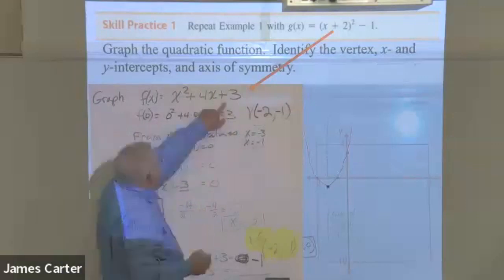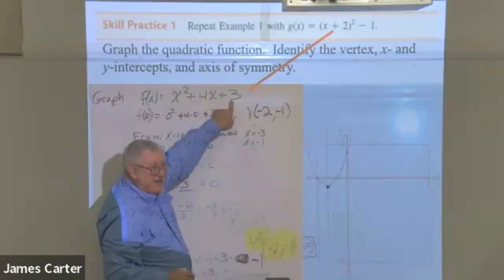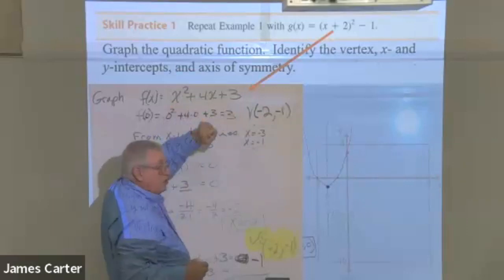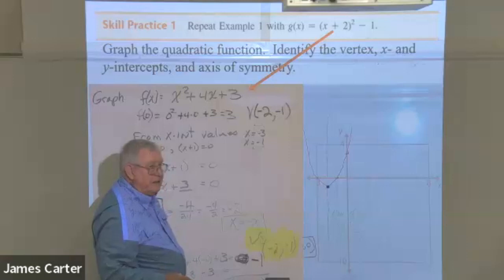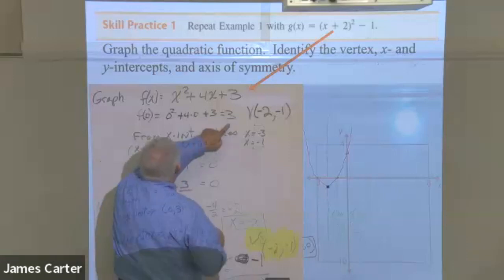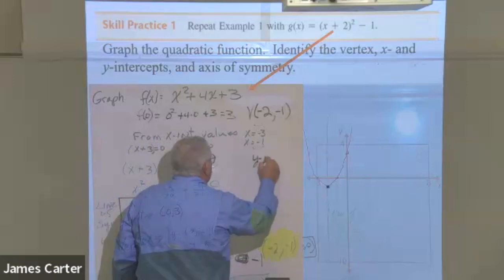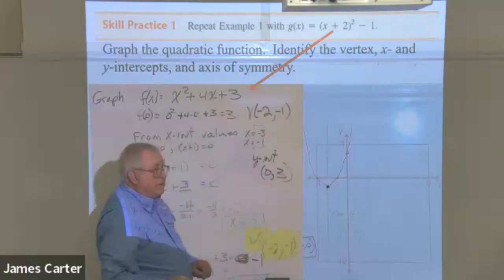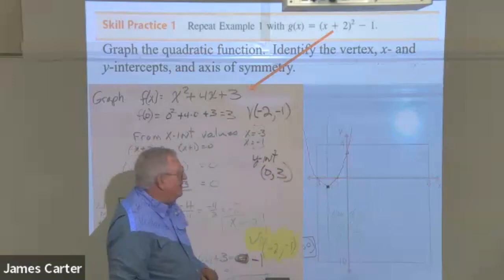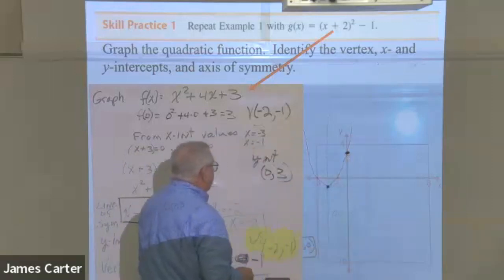Or why bother? It's just going to be that one, always, because these two are always going to wipe out. Okay? So my y-intercept is the point 0, 3. And I remembered to put it in point form, right here.